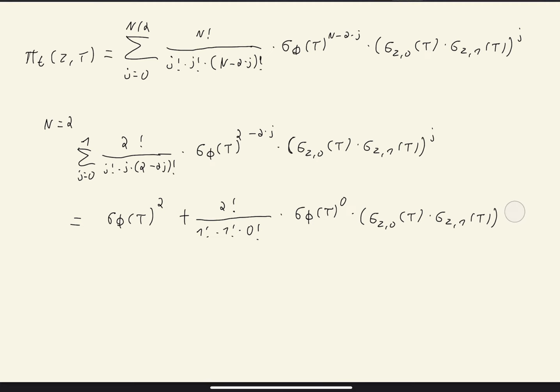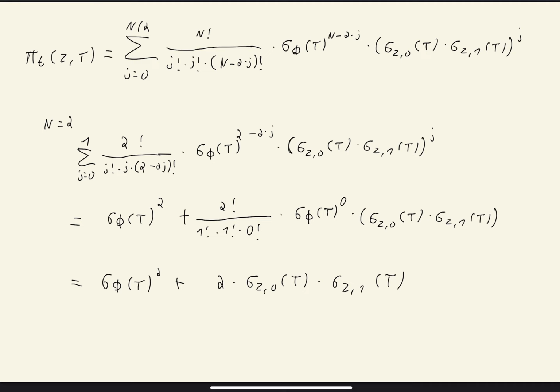So we simply erase the exponent there, and then this is equal to sigma phi tau by the power of 2, plus 2 times sigma z0 tau times sigma z1 tau.